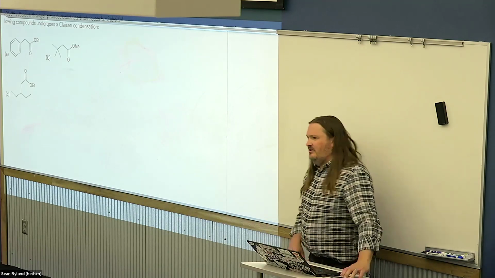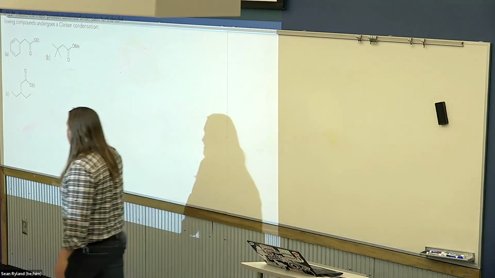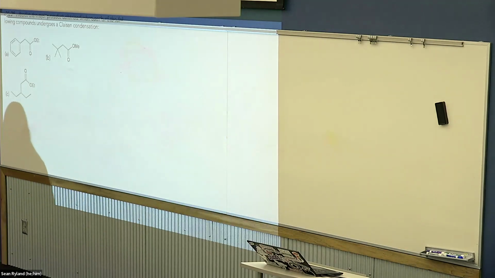All right, let's try drawing the products. We'll start with these big esters. When they go through Claisen condensation, what do we get?